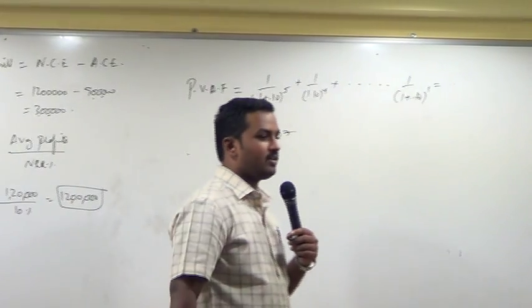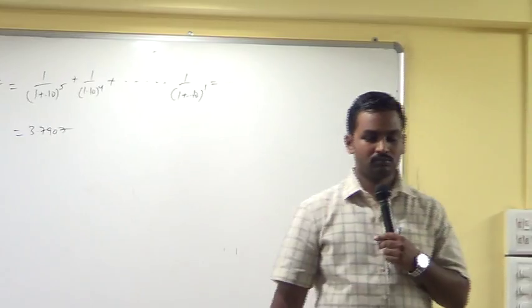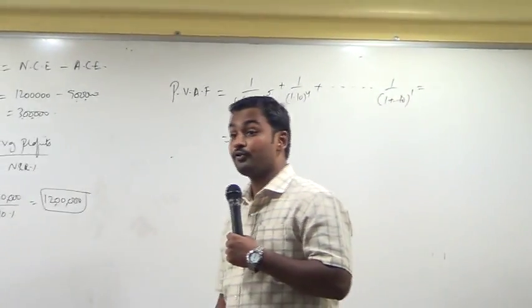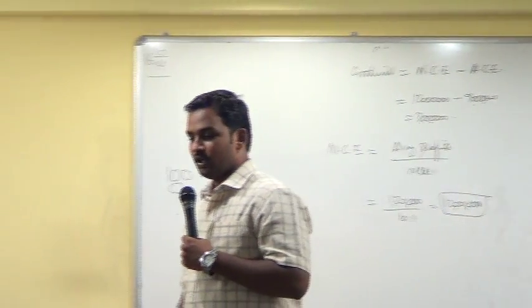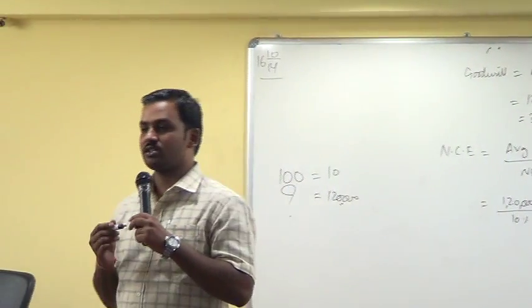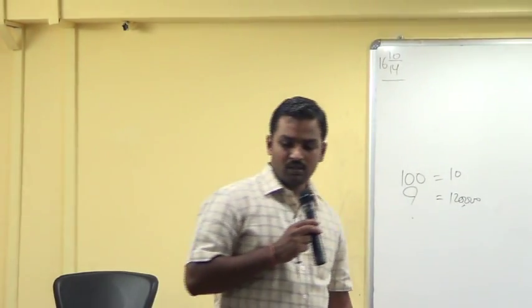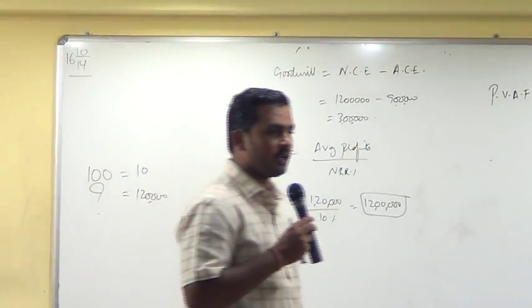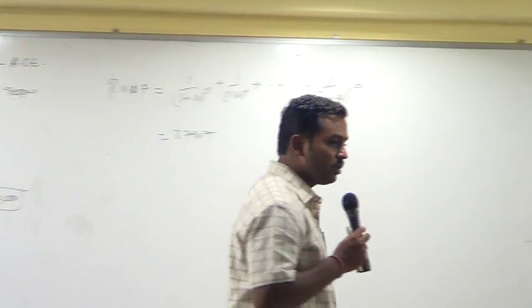This is called the present value annuity factor. It is the sum of annual present value factors. Cumulative present value factors is called the present value annuity factor. So you got 3.7907. Now go back to your formula. The formula is waiting. You'll say 30,000 into 3.7907.